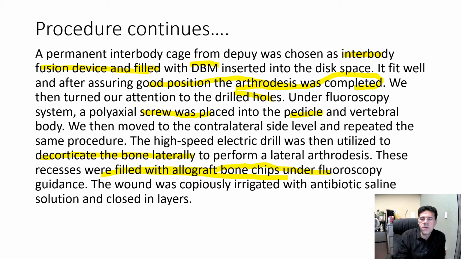closed in layers. So, what do we have here? We have posterior-anterior fusion. Posterior to the patient, anterior to the spinal cord, right? Discectomy. They also did a discectomy. And in this slide, we have the posterior fusion.